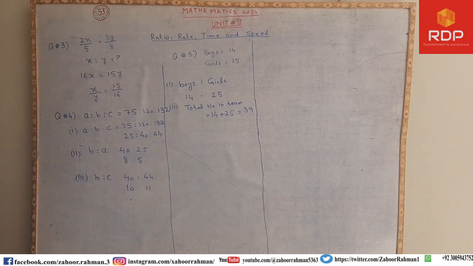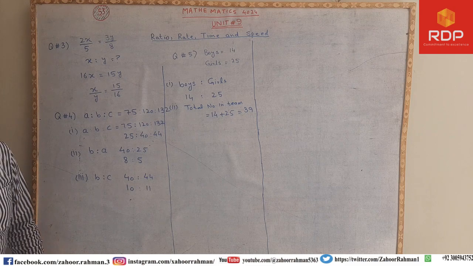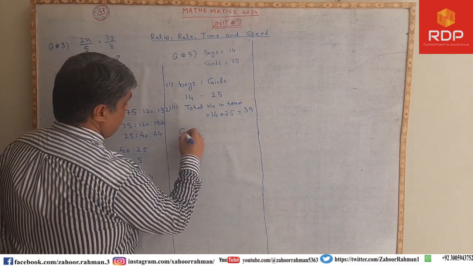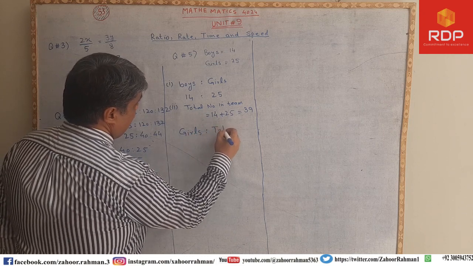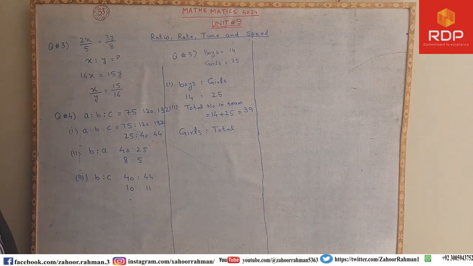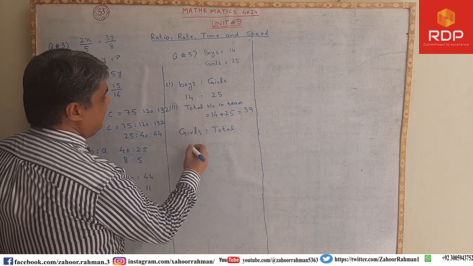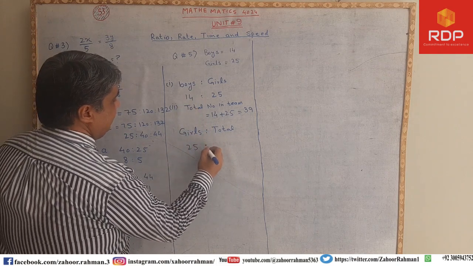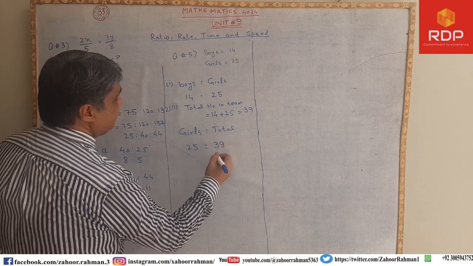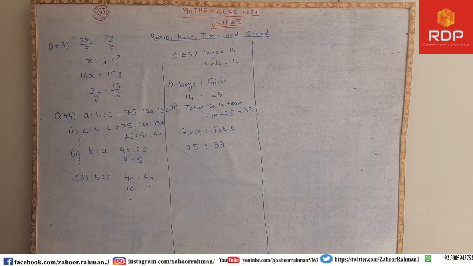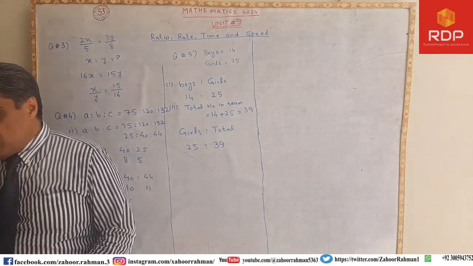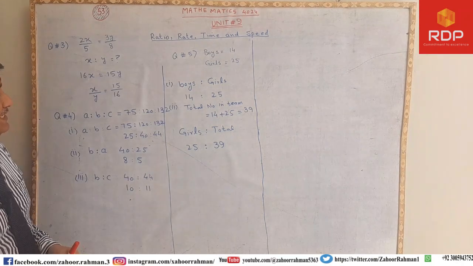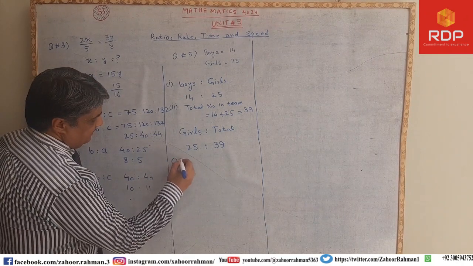We write girls ratio total. Girls are 25 and total is 39, so 25 ratio 39 is the answer.